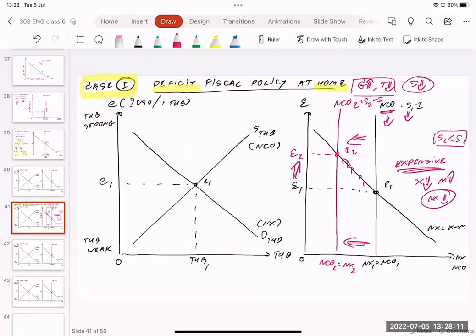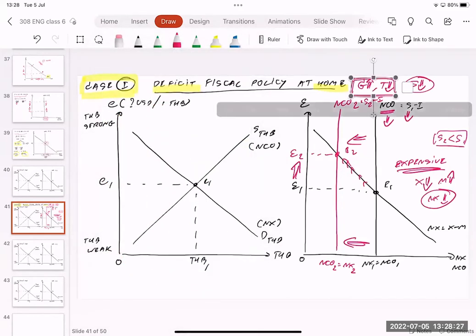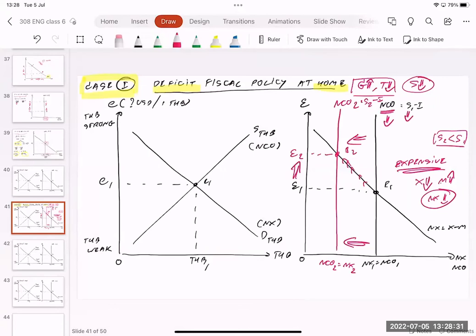NCO going to the left, same thing with NX going to the left. And if you're looking at the graph on the left, when NCO reduces, it means that the money is going to flow out of the country less than before. When the money flows out less, the supply for Thai baht also shifts to the left.